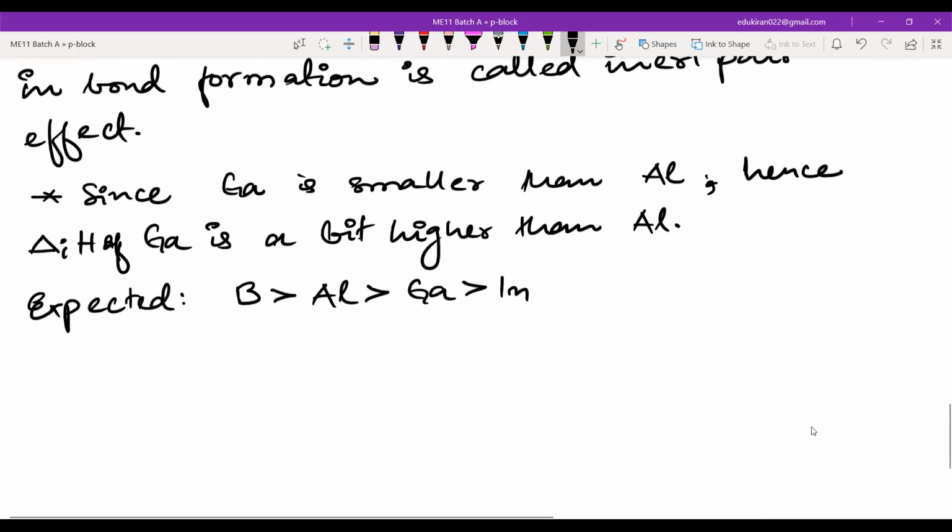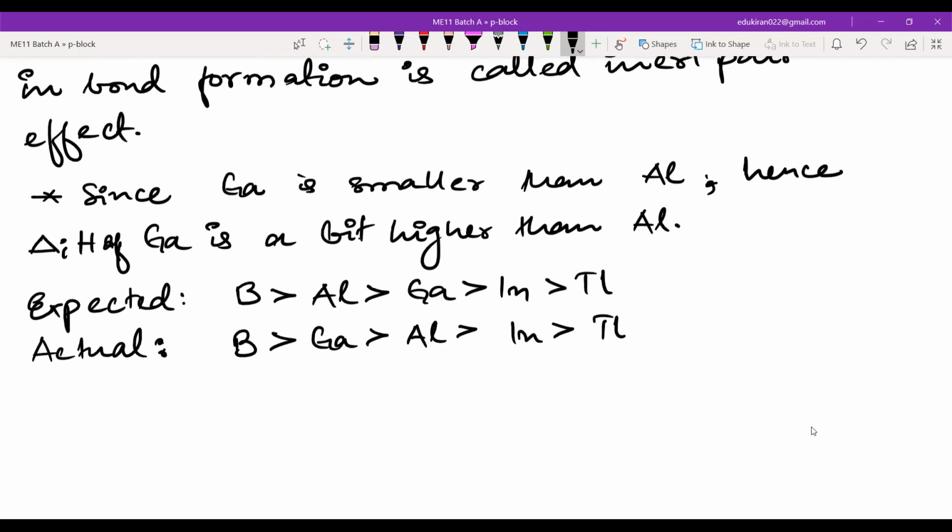But if you want to write, you can write thallium after this only. Generally thallium is not compared. The actual order is boron, followed by gallium, followed by aluminium, indium, and then thallium.